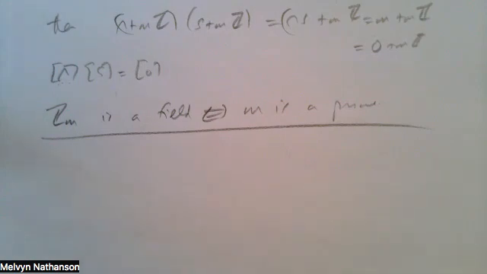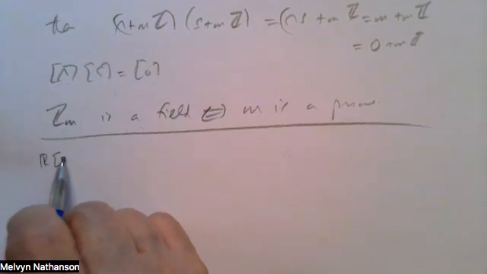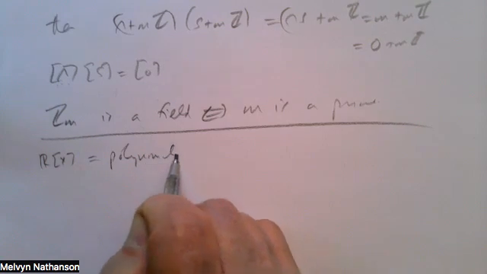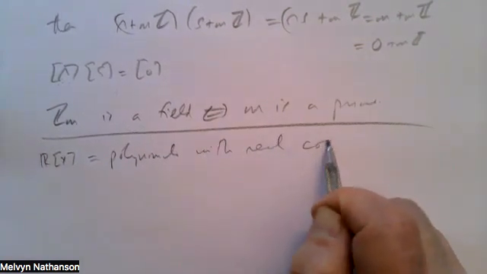What's another example of a field? Suppose we take, let's say, R square brackets x. This is all polynomials with real coefficients.